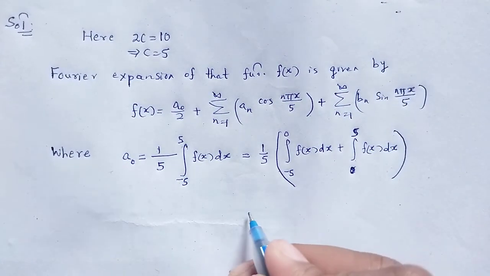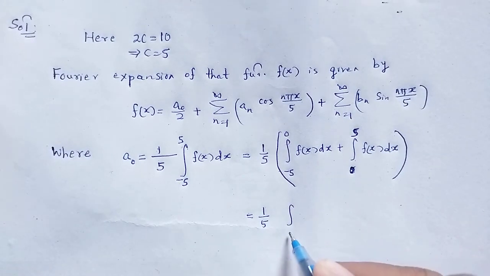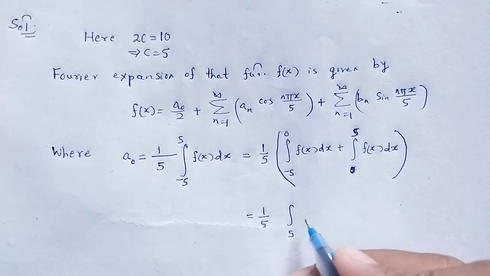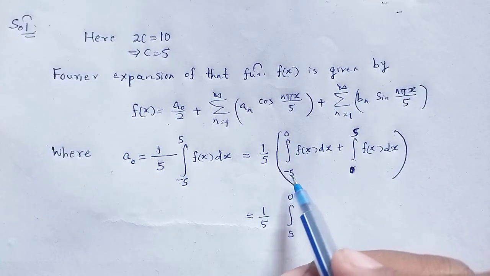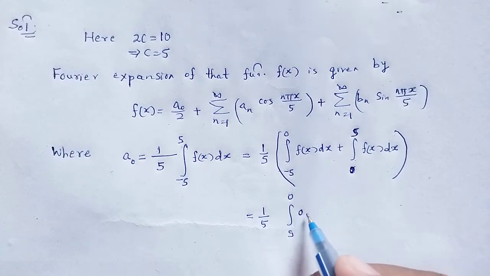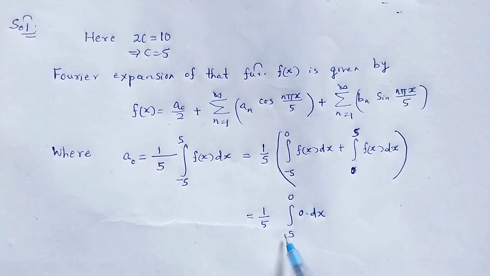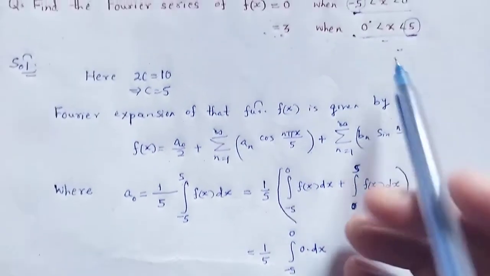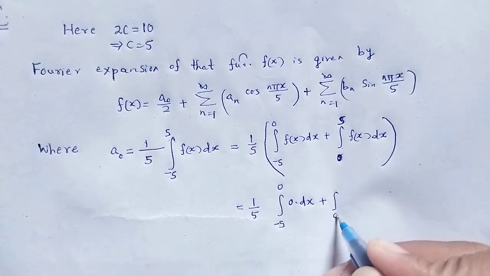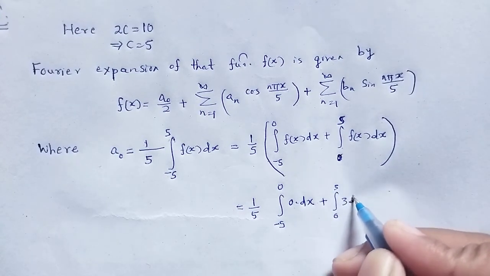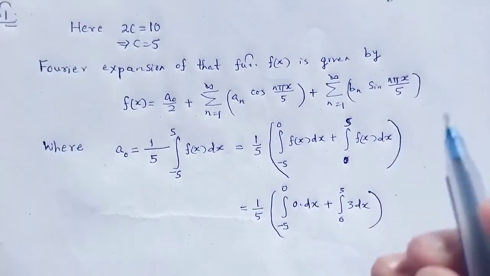Okay, that will be 1 by 5 integration from minus 5 to 0, 0 dx, because f of x is 0 in that particular interval, plus 0 to 5, 3 dx, since from 0 to 5 that value is 3.